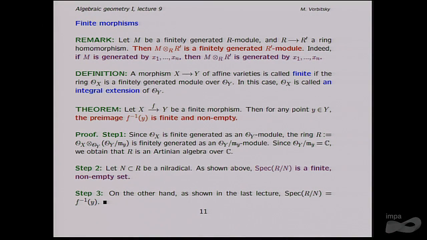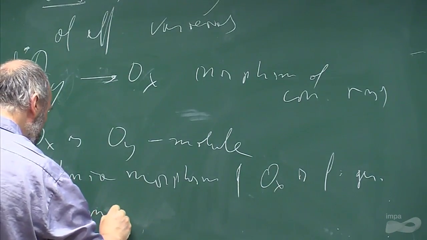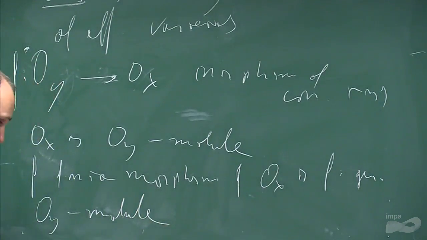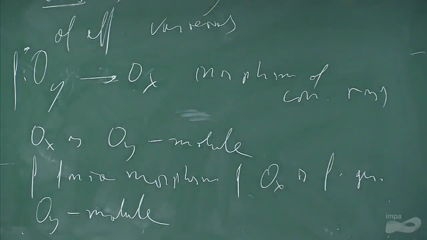And f is a finite morphism if O_X is a finitely generated O_Y-module.